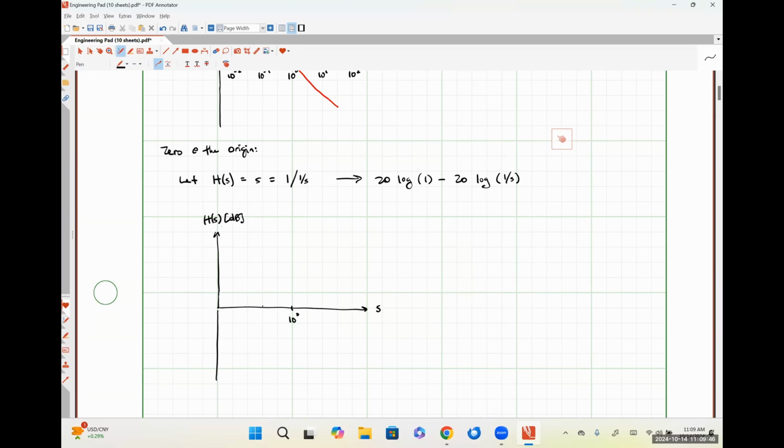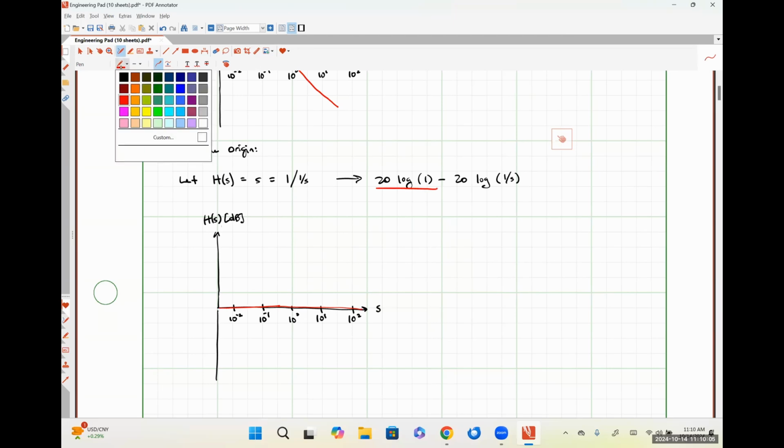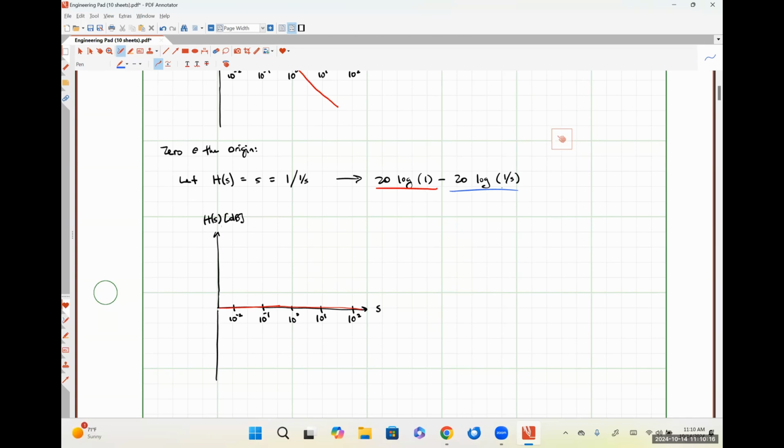Once again, here's 10 to the 0, 10 to the minus 1, 10 to the minus 2, 10 to the positive 1, 10 to the positive 2, and so on and so forth. So if I do just this part in red, we would have this line right here. If I did this part in blue, remember that I'm doing minus 20 log of this.